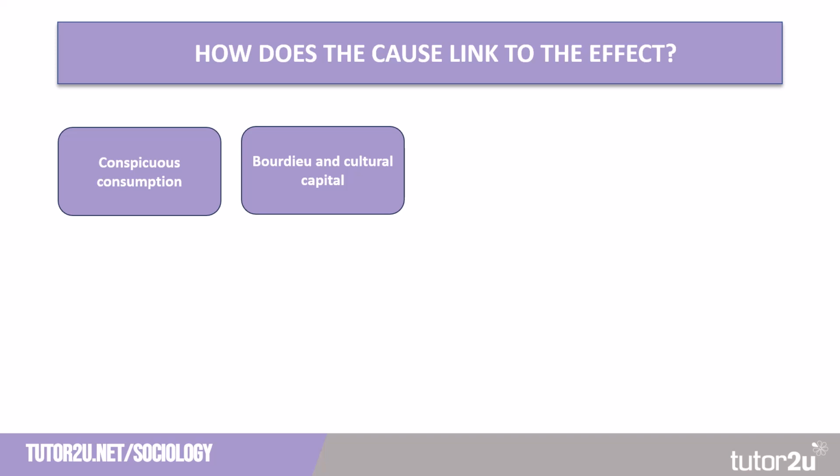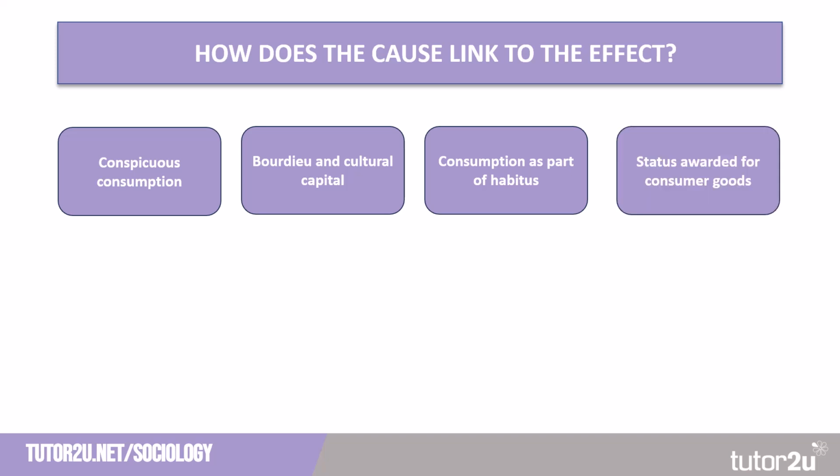We can link this to the concepts of Pierre Bourdieu and cultural capital, and how different social classes will have different tastes, likes and attributes, often purchasing goods to reflect those tastes and attributes. This can link in to consumption being part of the individual's habitus. They purchase goods that reflect their class identity and gain status or cultural capital from others for the consumer goods that they have, which fit in with that habitus.